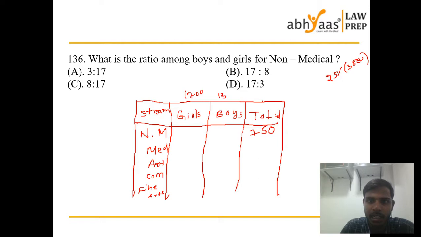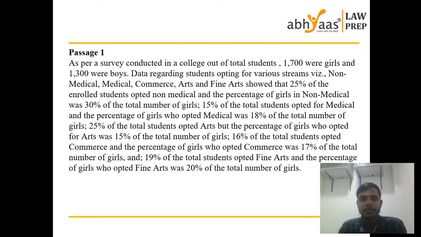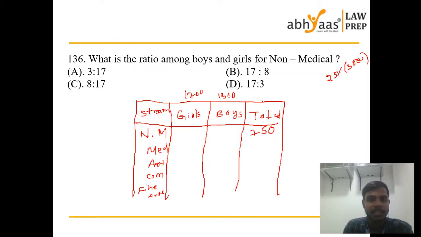The boys are 1300. The number of girls enrolled in non-medical was 30% of the total number of girls. That means 30% of 1700 were enrolled in non-medical. 30% of 1700 is 510. 510 girls enrolled in the non-medical stream, and the remaining are boys, which is 750 minus 510. 240 will be the number of boys who enrolled in the non-medical stream.